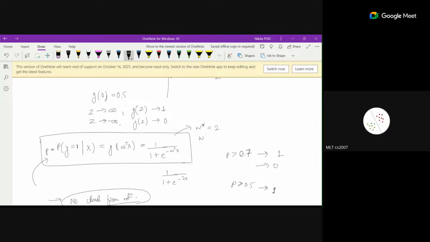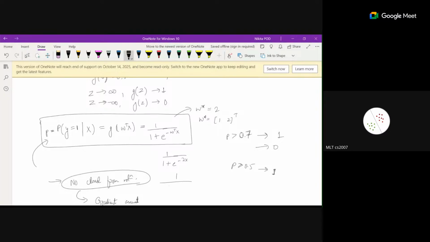Now let's say my W star was in R2. Then we'll write this as 1 by 1 plus e to the power minus W1 x1. Let's write x as x1 x2.